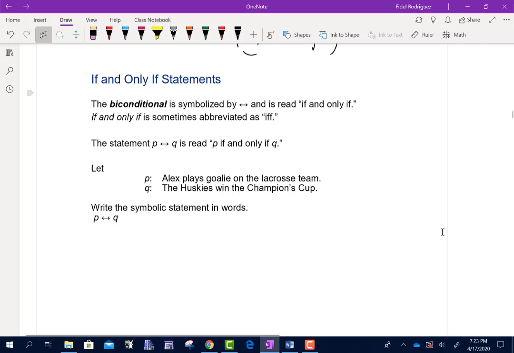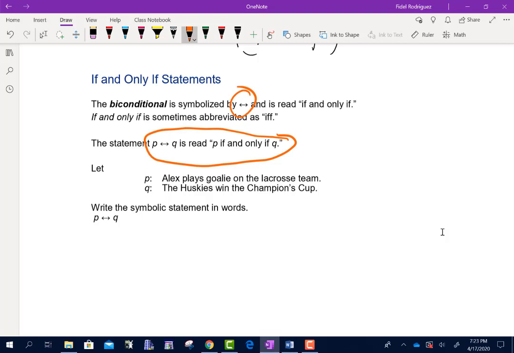Now we have if and only if statements. It says the biconditional is symbolized by a double arrow, and the way we read that is if and only if. And so we have it right here, guys. When we see the P with a double arrow and the Q, that is read P if and only if Q. Okay? So P is the statement, Alex plays goalie on the lacrosse team.